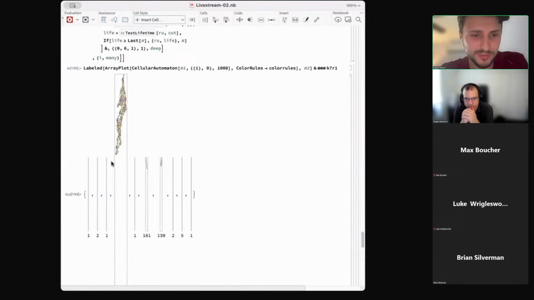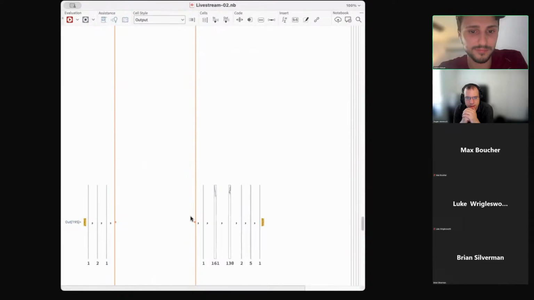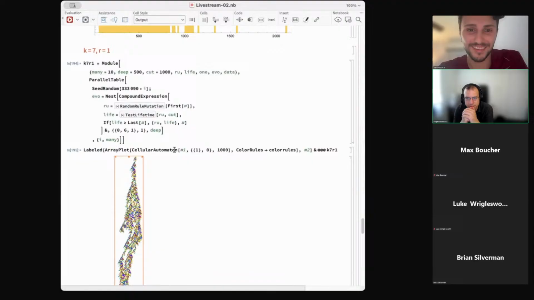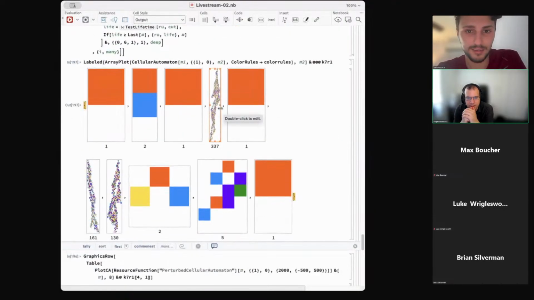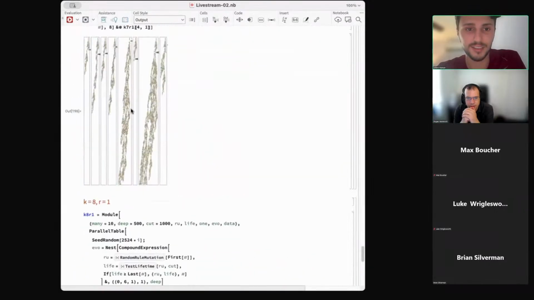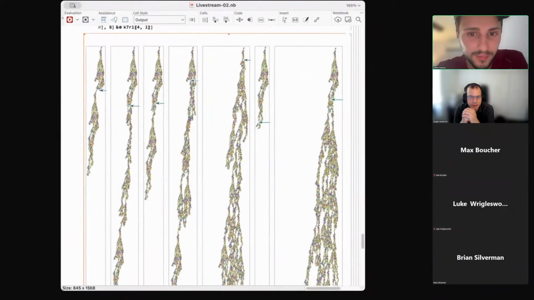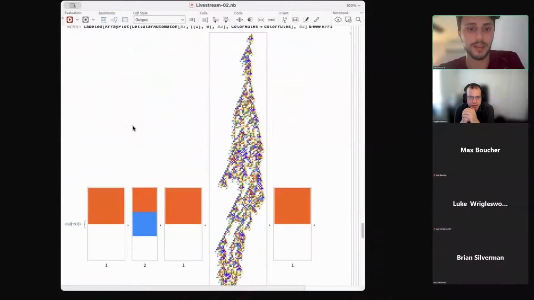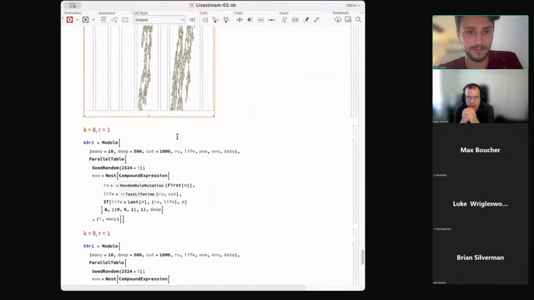Although, is this the same rule? God, this is so annoying. Here, let's do this. Let's see, modularity. I don't know. Kind of. Okay, let's try to do the histogram. Oops.